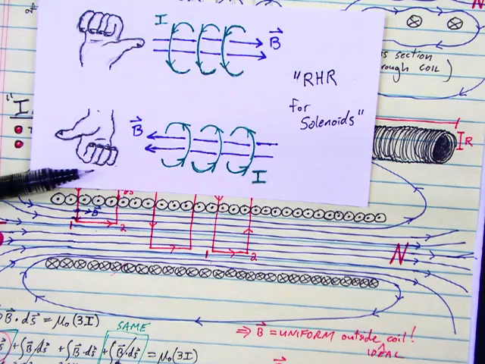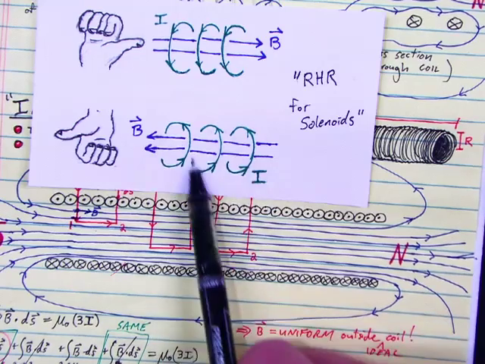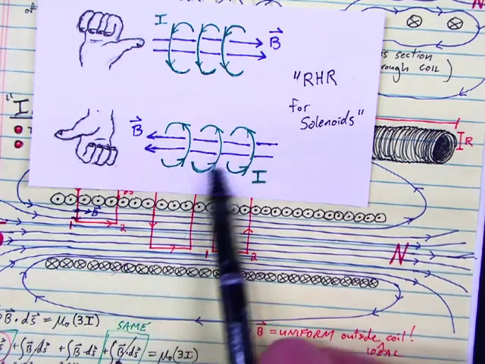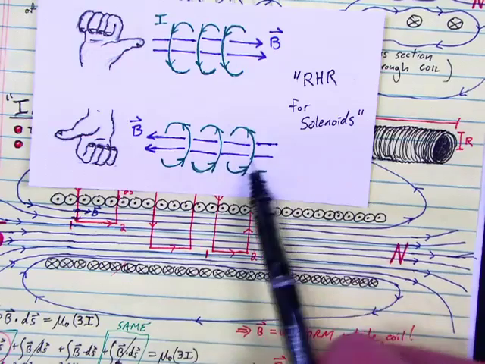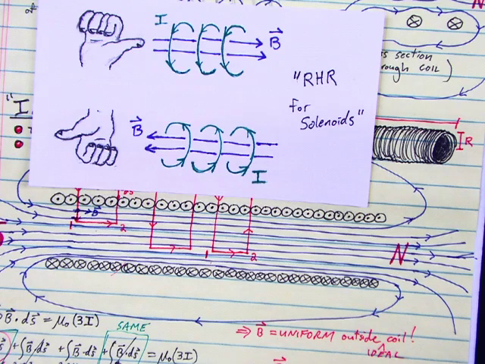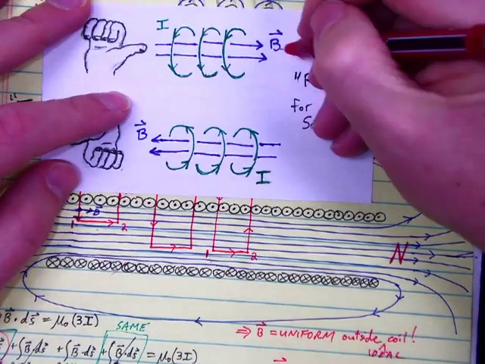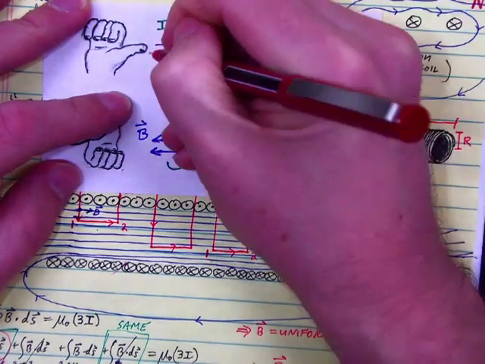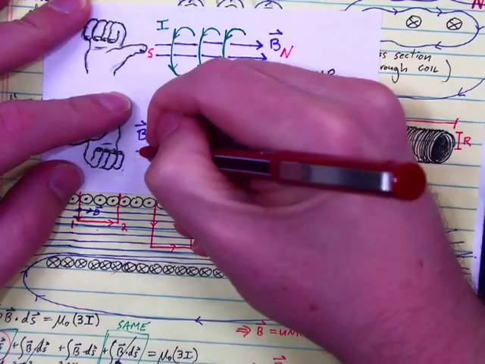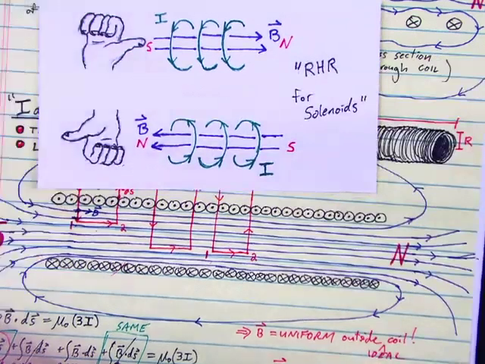Just like in reverse here, if the current is spiraling this way through the coil instead, curl your fingertips in the direction of that spiraling current, and your thumb indicates the direction of the B field. So here we've got a right-hand rule helping us identify the north and south ends of a solenoid that's functioning as an electromagnet.